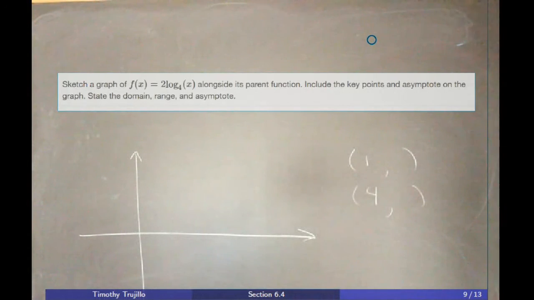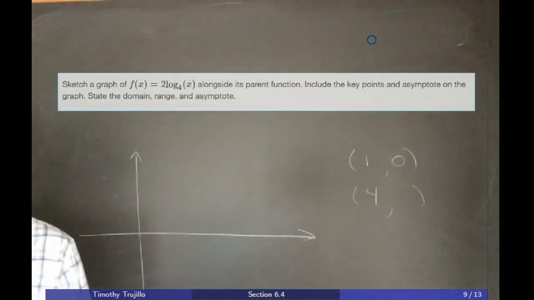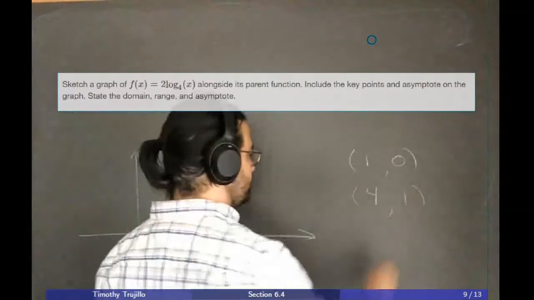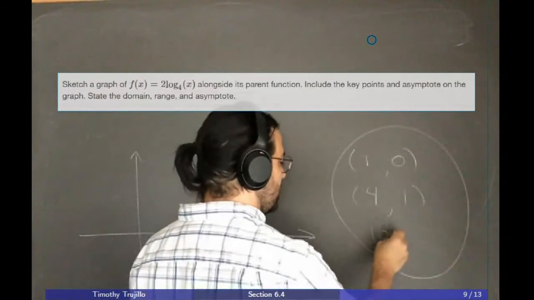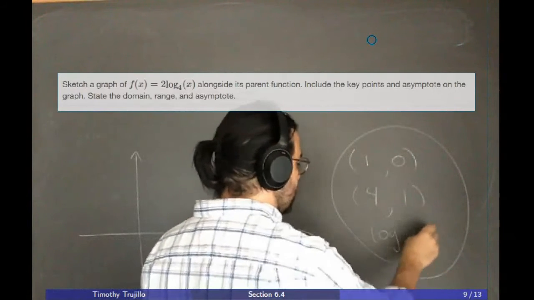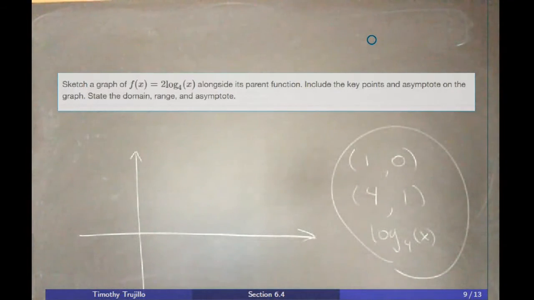So what do we get in this case? Yeah, so it's always going to be (1, 0), and then when we plug in 4, we're going to get (4, 1), right? But that's the key points for the log base 4 of x, and it doesn't include the 2 out in the front, okay?